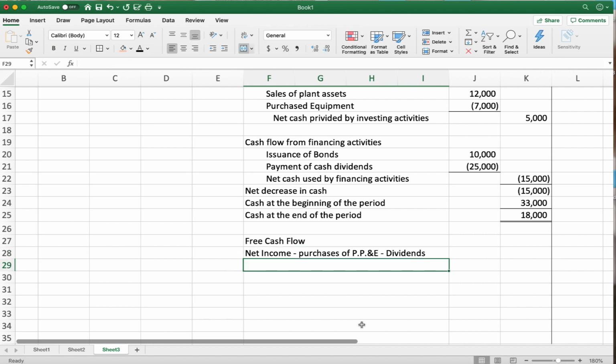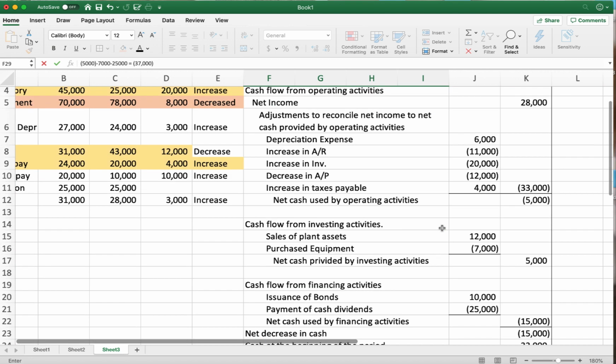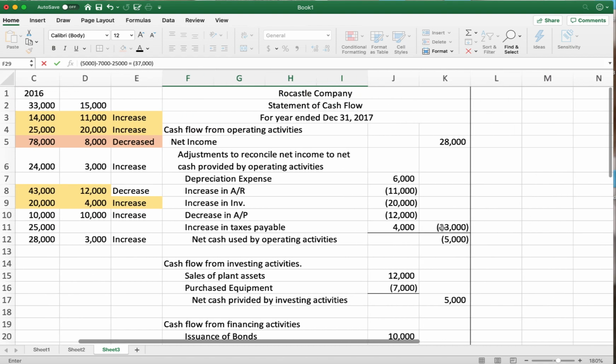So I'm going to start off with my negative $5,000. I'm going to subtract out my $7,000. I'm going to subtract out my $25,000. And if my math is correct, I should have free cash flow of negative $37,000.